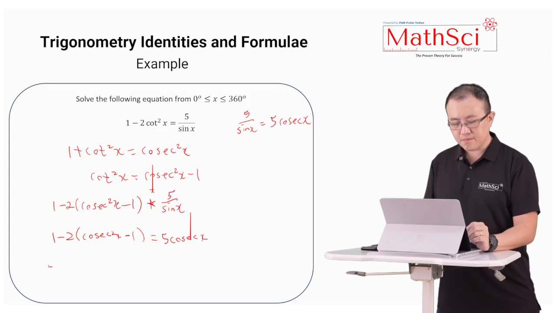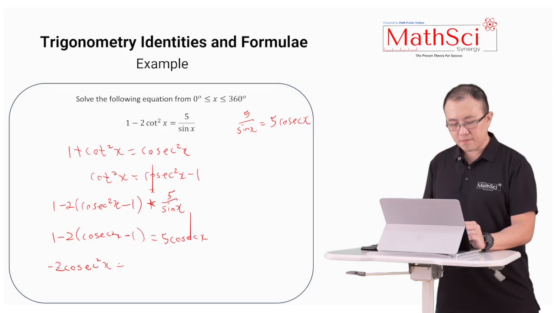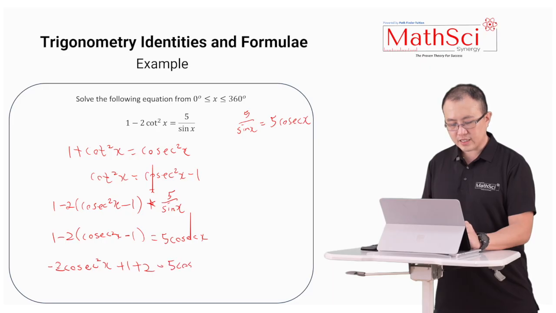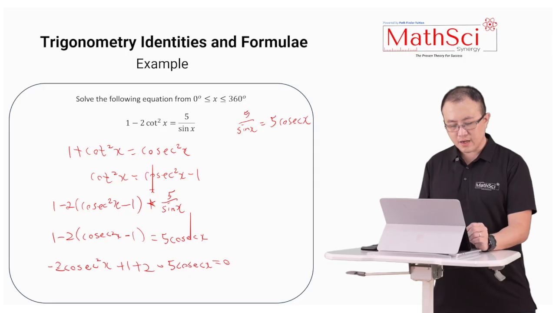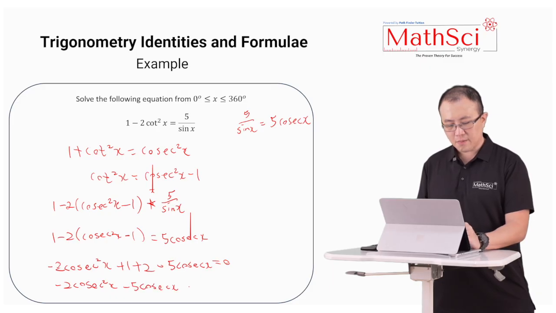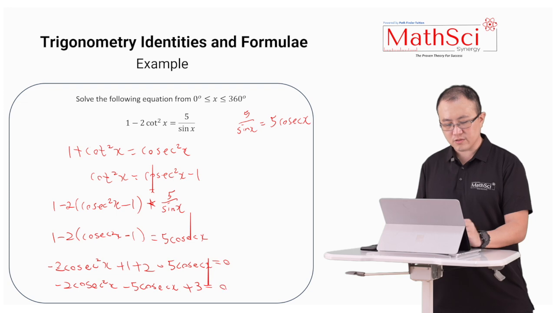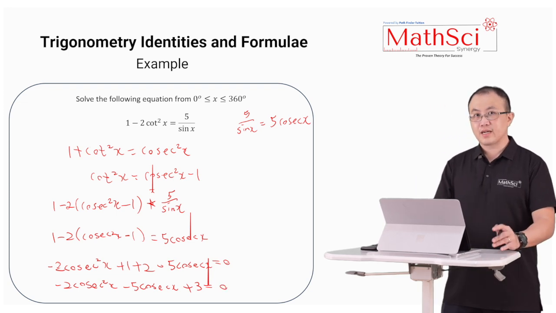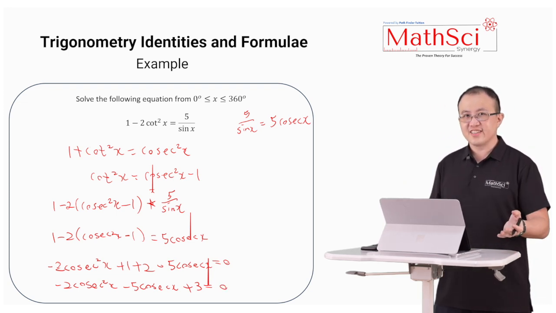I will get minus 2 cosecant square x, then plus 1 plus 2, minus 5 cosecant x equals 0. If you simplify a bit, you will get minus 2 cosecant square x minus 5 cosecant x plus 3 equals 0. So this becomes your quadratic equation.